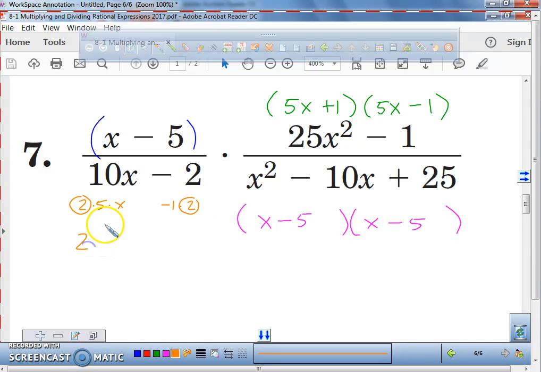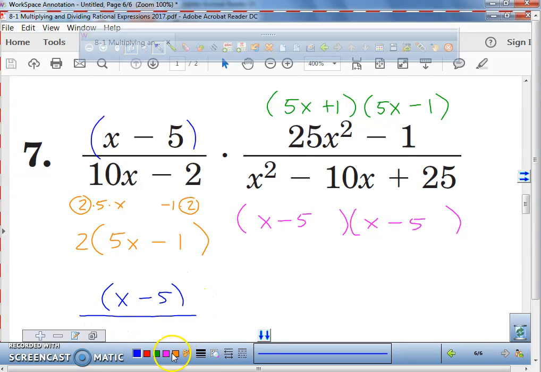So I'm going to factor out a 2, and I'm left with a 5 times an x, which is a 5x, and I'm left with a negative 1. So there's everything totally factored out. I'm going to make it nice and neat for everybody to see. I've got an x minus 5 in the numerator. In the denominator, I have a 2 times 5x minus 1.